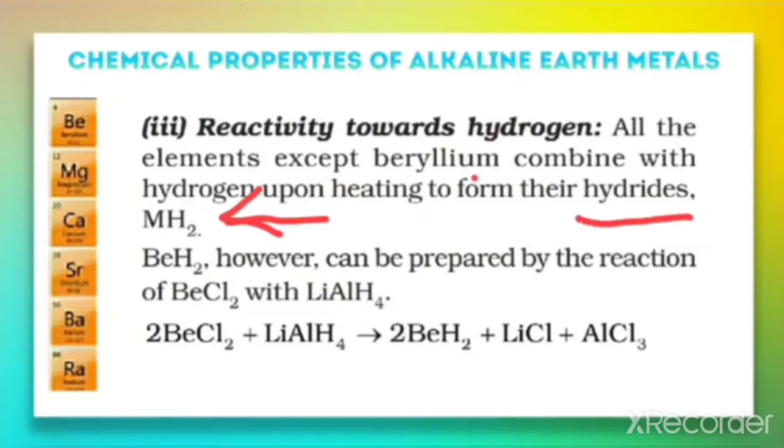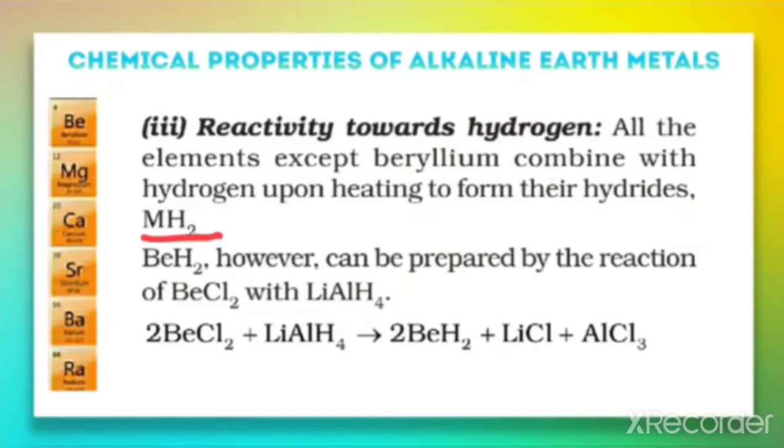Here the formation of a compound with hydrogen is called a hydride, and just now we discussed the reaction with halogens, where the products are halides. That is the difference here. It is hydride, and the general representation for hydride is MH2.